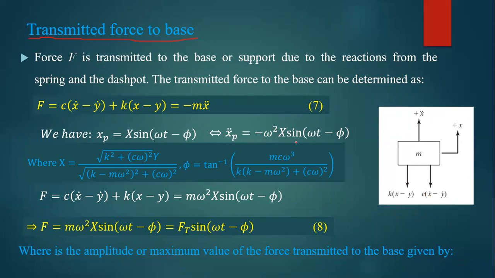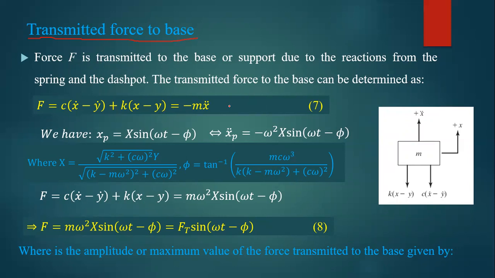The transmitted force to the base can be found as k times (x minus y) and c times (x dot minus y dot). These forces are the transmitted force, which are equal to mass times acceleration in this direction. So F is equal to c times (x dot minus y dot) plus k times (x minus y), which is equal to minus m x double dot.